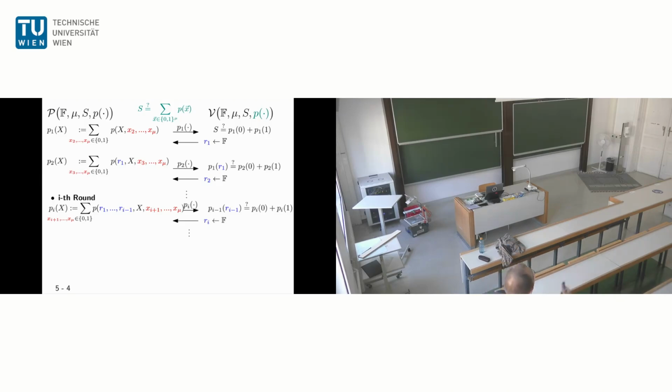And we continue and we continue. So in the ith round, somewhere in the middle of our protocol, things are going to look like this. We have obtained i minus 1 many public coins. The prover evaluates the polynomial over the strictly smaller, dimensionality-decreasing hypercube.